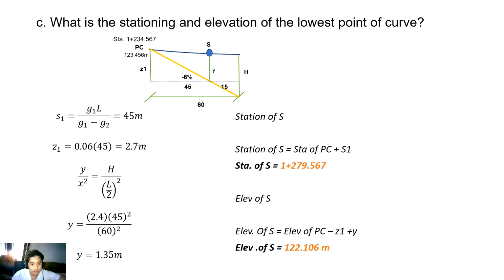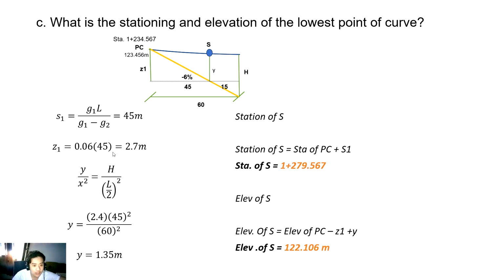So, para ma-sure natin na tama ang nakuha ang S1, ito siya. Ayan. So, ganyan kinuha yung sa S1 ko. Next is yung Z1. So, para sa Z1, 0.06, which is yung G1 natin times lang sa 45 which is yung S1.